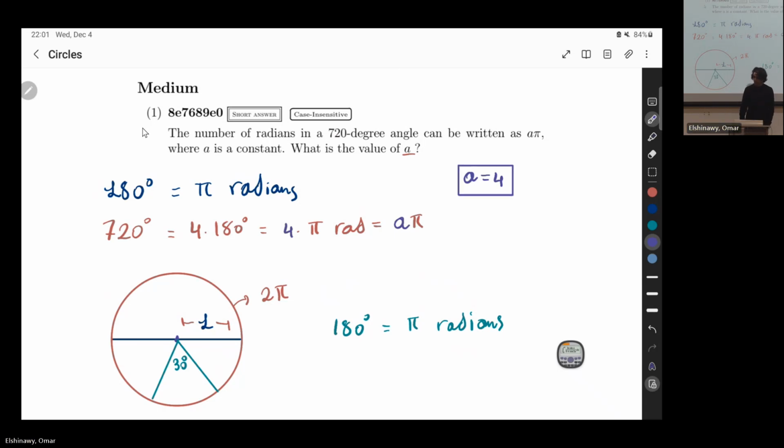So could you repeat that? Yeah, I was just saying that finally, to conclude, here we have that the number of radians can be written as a pi. So on one hand, I have 4 pi radians. Is this okay? Yes. 4 pi radians. On the other hand, I have a pi radians. So I should write radians.